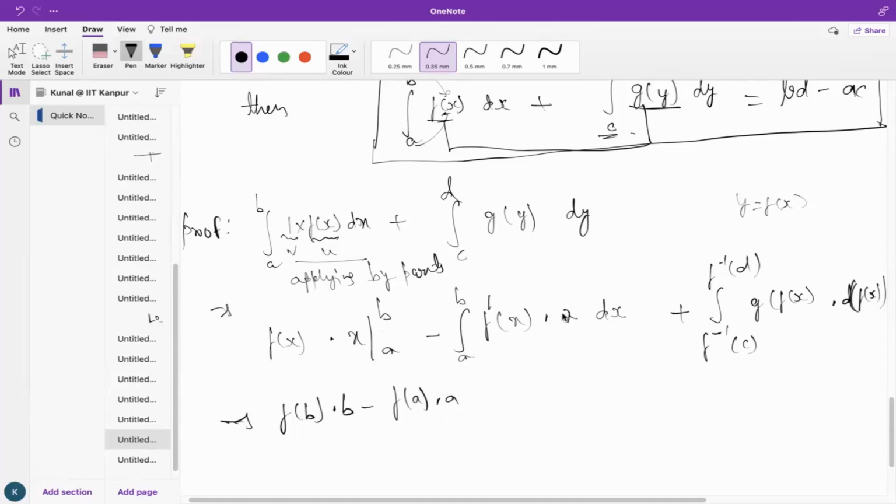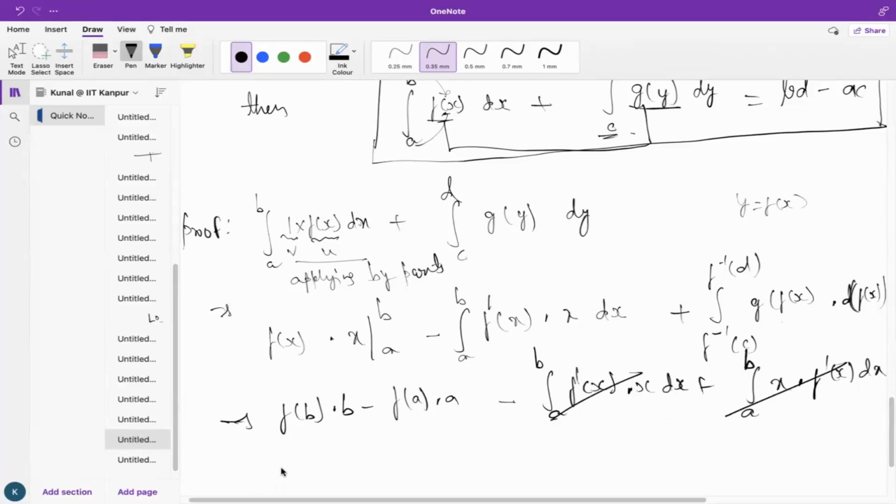We are just substituting the limits. Minus the integral from a to b of f dash of x times x dx, plus, and we know that f(a) is equal to c, so f inverse of c is a and f inverse of d is b, so this is x times f dash of x dx. So both of these get cancelled.